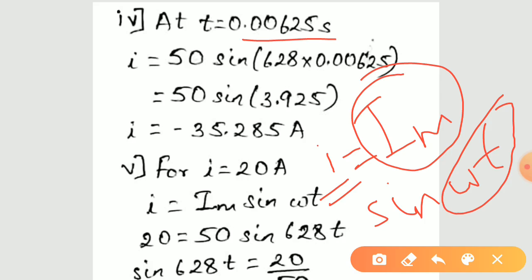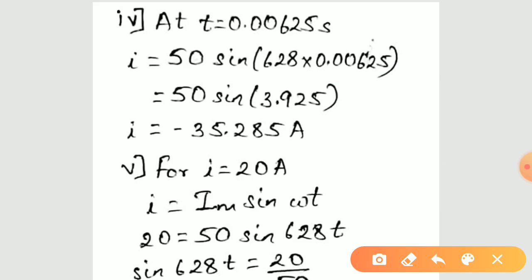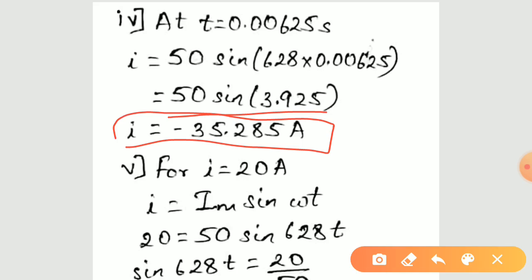That is, value of Im is 50, omega value is 628 and t value is 0.00625. On substituting the values and solving the equation, we get I is equal to minus 35.285 ampere.